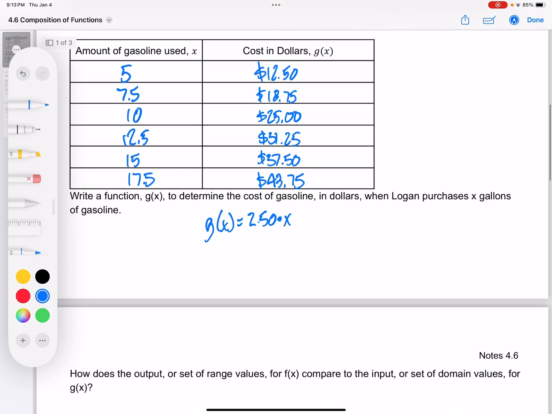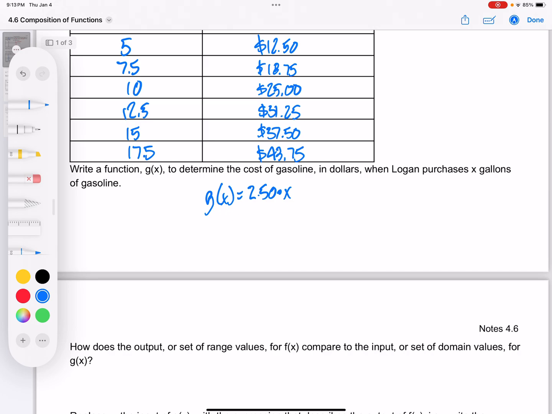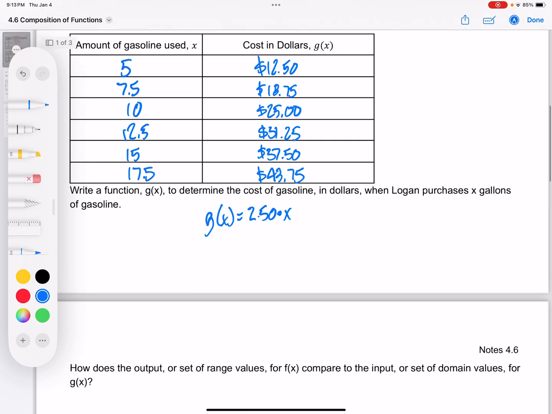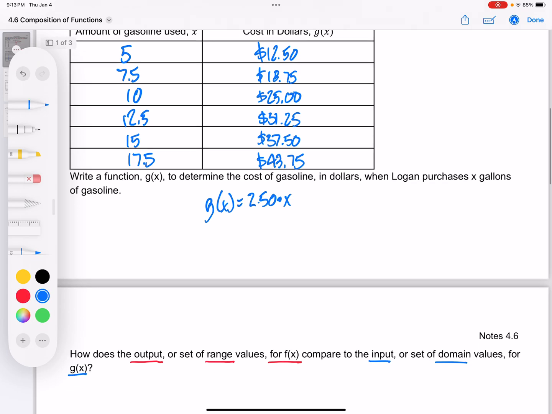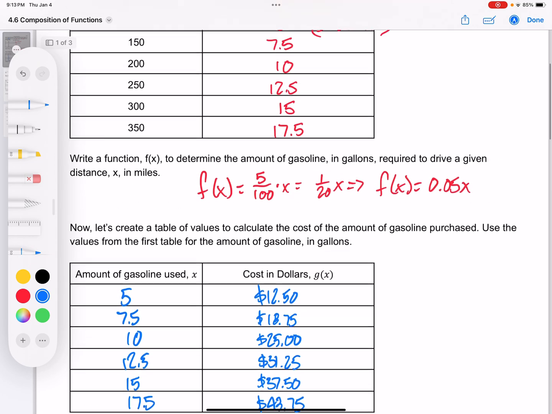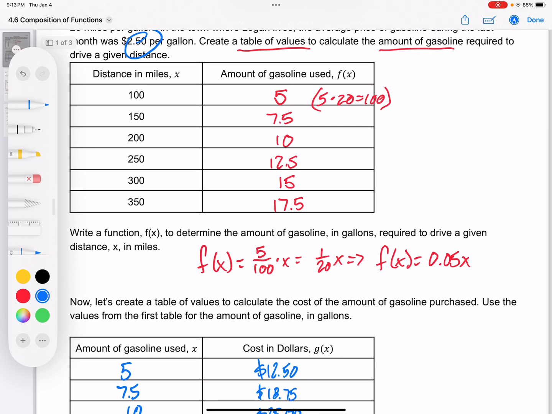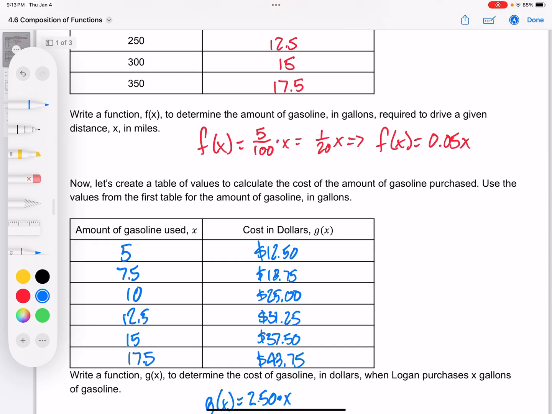Okay. Now, looking at these two functions, the output, which is the range for f of x, how does that compare to the input or domain for g of x? Well, the output for f of x is the amount of gallons of gasoline used, and that's the same as the input.